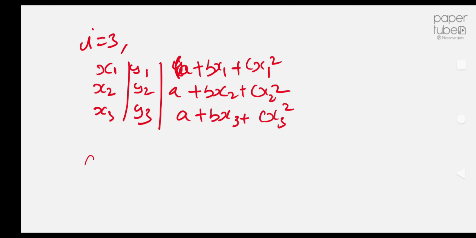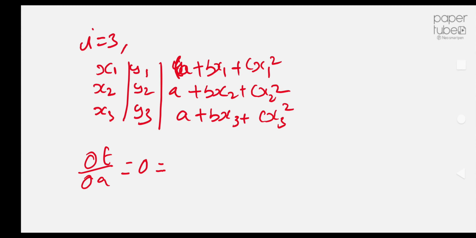So dou E by dou A will be basically equal to 0. I already showed you how to do the partial differentiation of E with respect to A, so let's write this here.